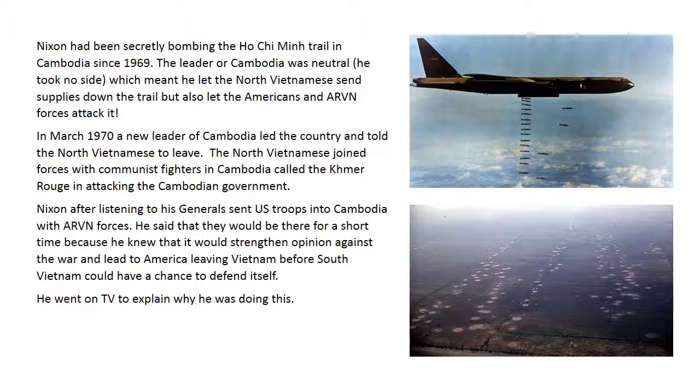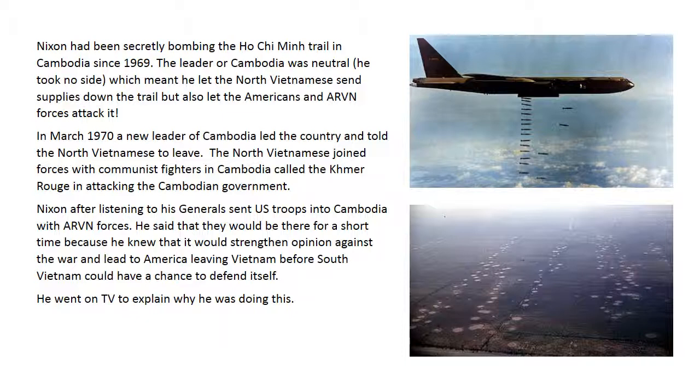Now, Nixon had been secretly bombing the Ho Chi Minh Trail in Cambodia since 1969. The leader of Cambodia was neutral. If we look back on the previous map, the country took no side, which meant the North Vietnamese were sending supplies down there.